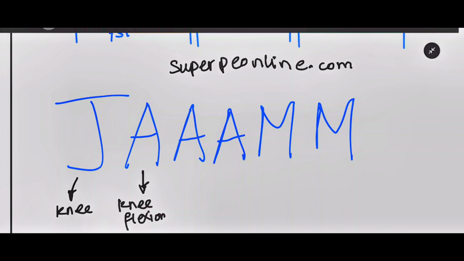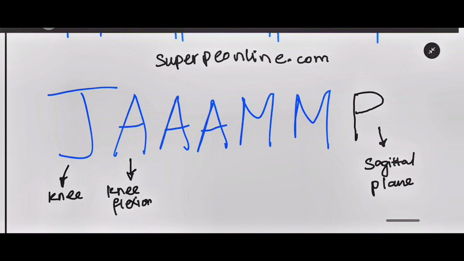It's happening around the sagittal plane. So again, the good thing about JAM is you can always add more letters. We can add a P there for the plane, sagittal plane, around the transverse axis. And the agonist, most students might say the agonist here is the hamstrings because the knee is flexing, the knee is bending.